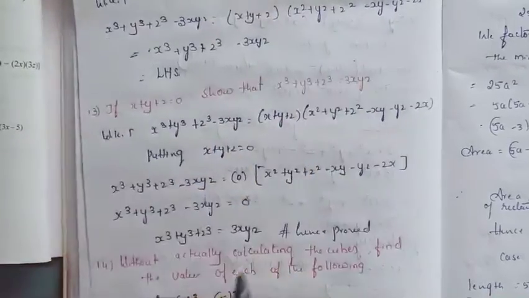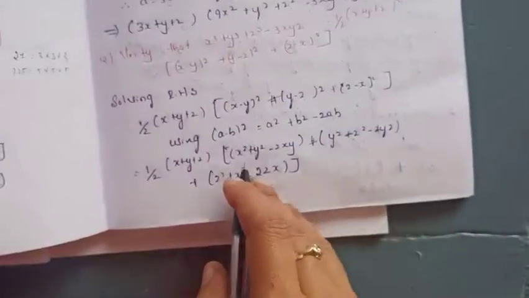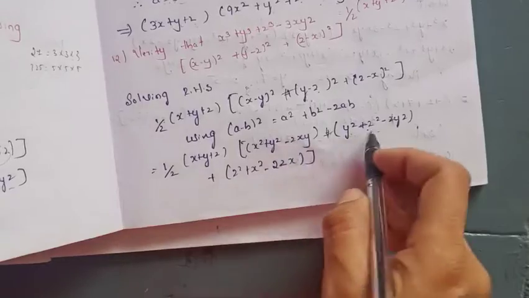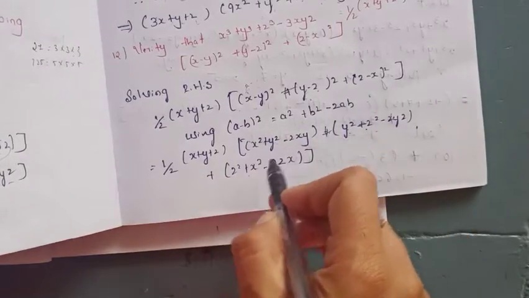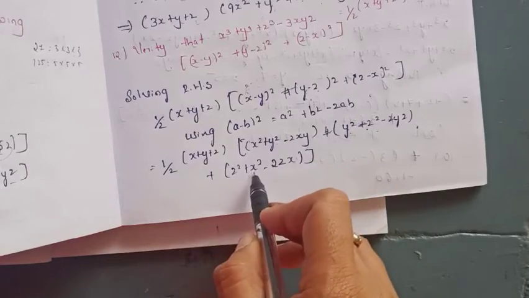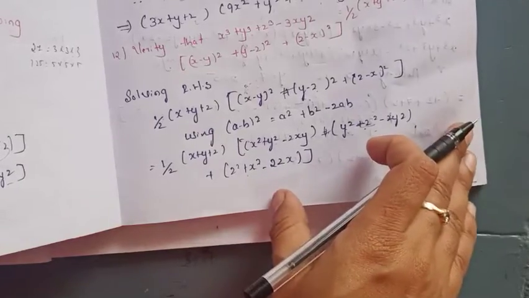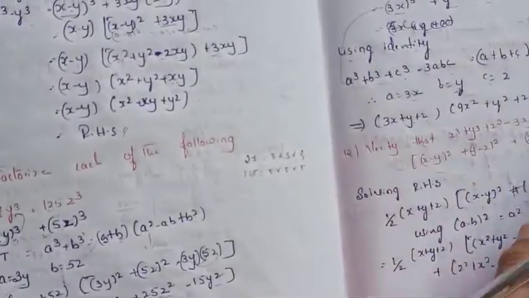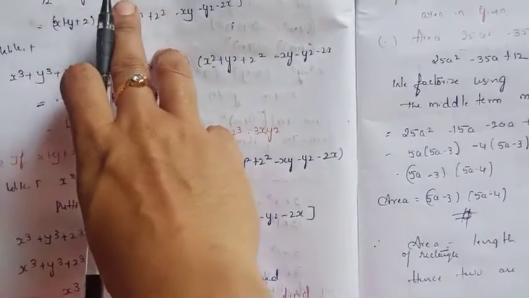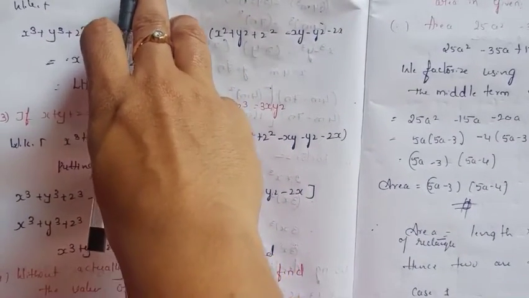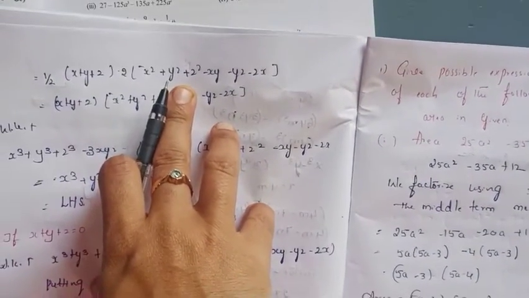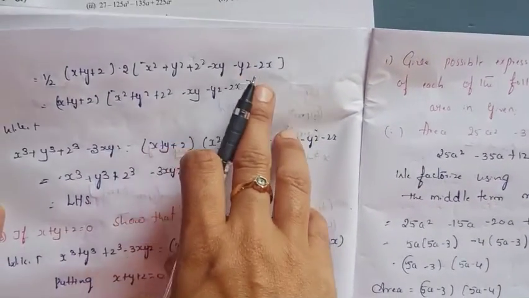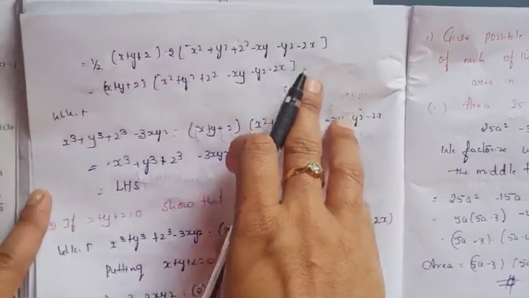Next, in all of these 2 is common. x square plus x square is 2x square, y square plus y square is 2y square, z square plus z square is 2z square. Get it? And in all terms we get a 2, so 2 is common: x square plus y square plus z square minus xy minus yz minus zx.